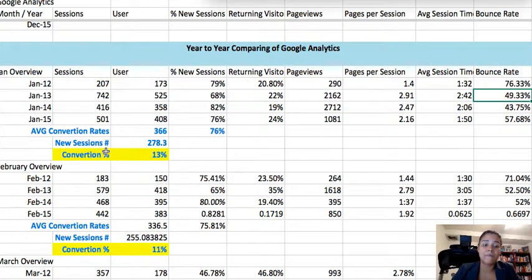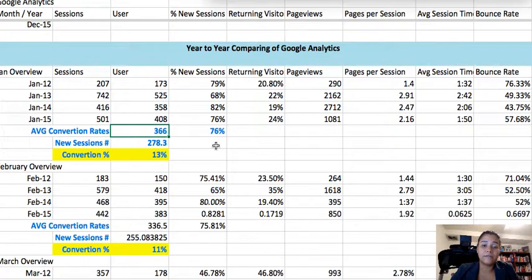So you want to know your average conversion rates, and the average is about 366, let's say, page views that we have per user per month. Let's say this number is higher now, but I'm not going to go into that. I just kept it from 2 years before, so I didn't provide any new information about my specific company.